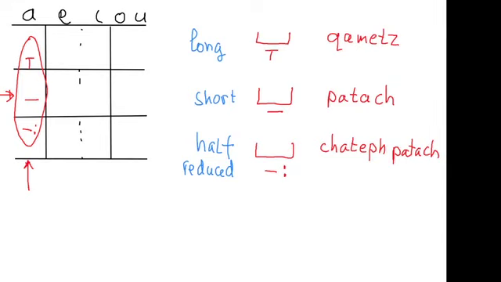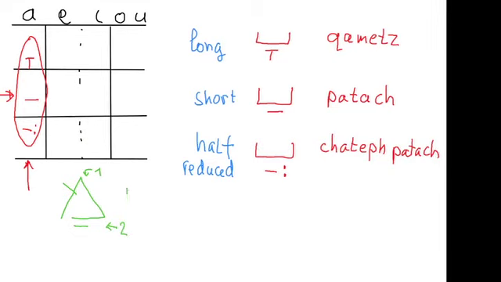When we have this word, I'll make it a little bit bigger. You first write the consonant, and then you put the vowel beneath it.